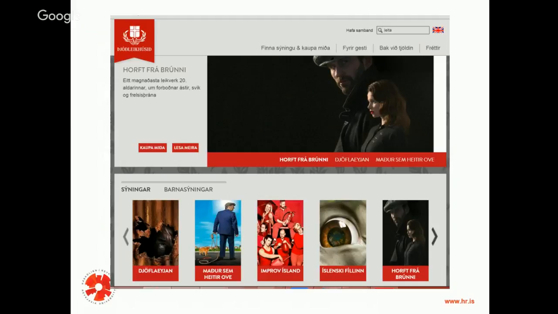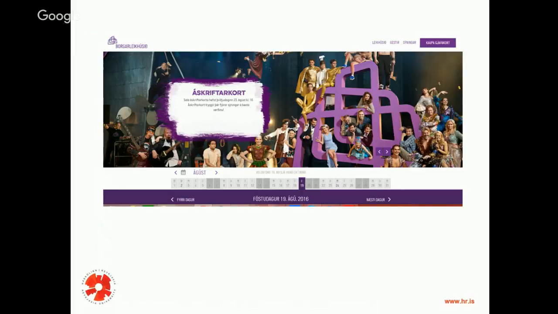But now, luckily, Borgarleikhúsið, the other theater, have designed their website so you can actually pick a date, and then you will get all the shows that are running that date. So there you have the other approach.